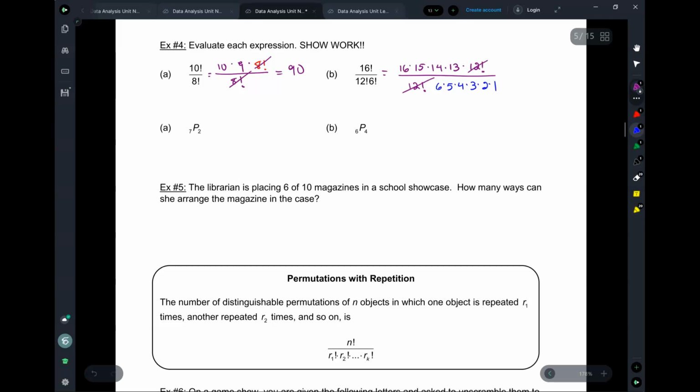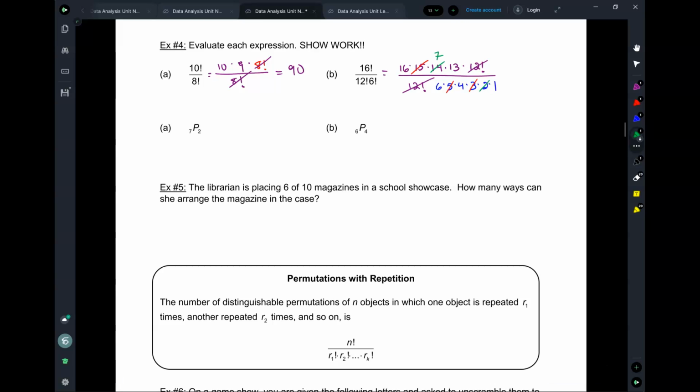But now I can cancel some more things out here. You just have to be smart about it. 5 and 3 on the bottom are the same as the 15 on top, correct? So that goes away. Lots of things you can cancel. You have to be clever. This 2 cancels with the 14 and I get a 7 there.